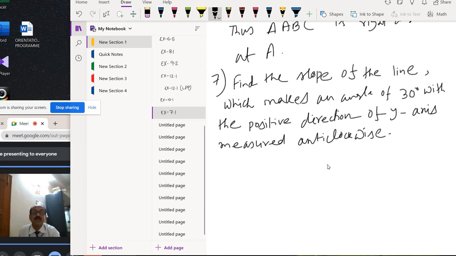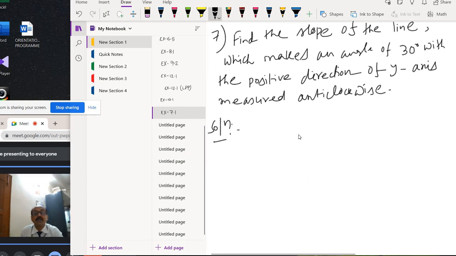Okay, so is this 30 degree angle the slope? No, this 30 degree angle is not the slope, because this is the positive direction of the y-axis and we know slope is measured with the x-axis. So the slope we have to find.